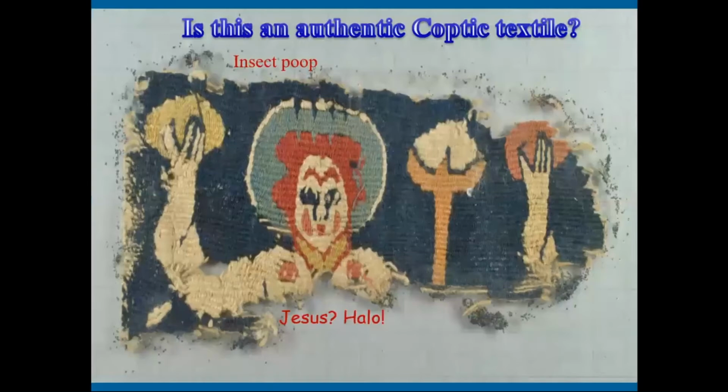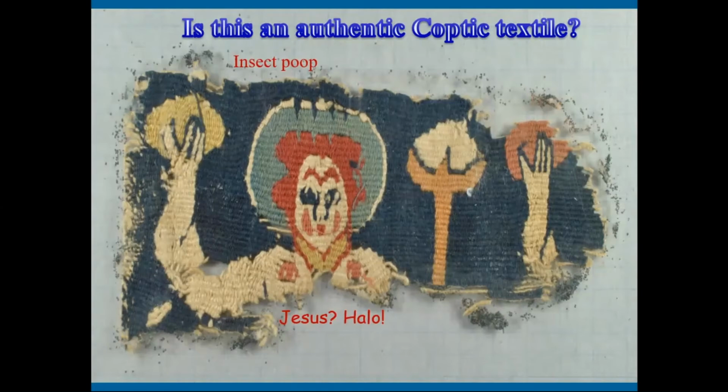We were given a supposed Coptic textile and asked if the date would be compatible with it being Coptic. The textile is shown here as it arrived to us, except that when it arrived to us, it was between two plexiglass plates, which have been removed for this photograph.